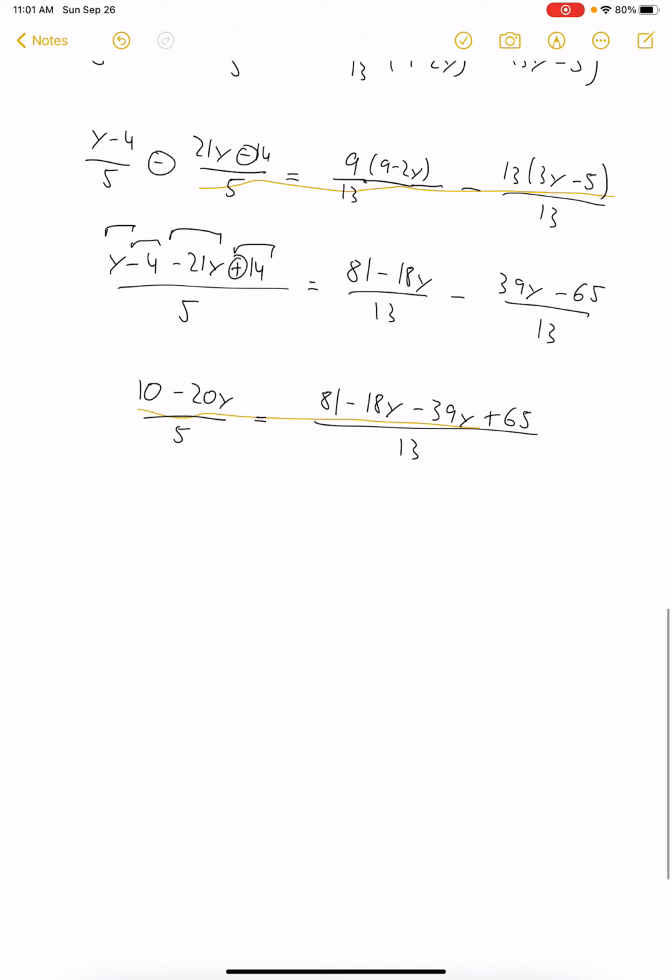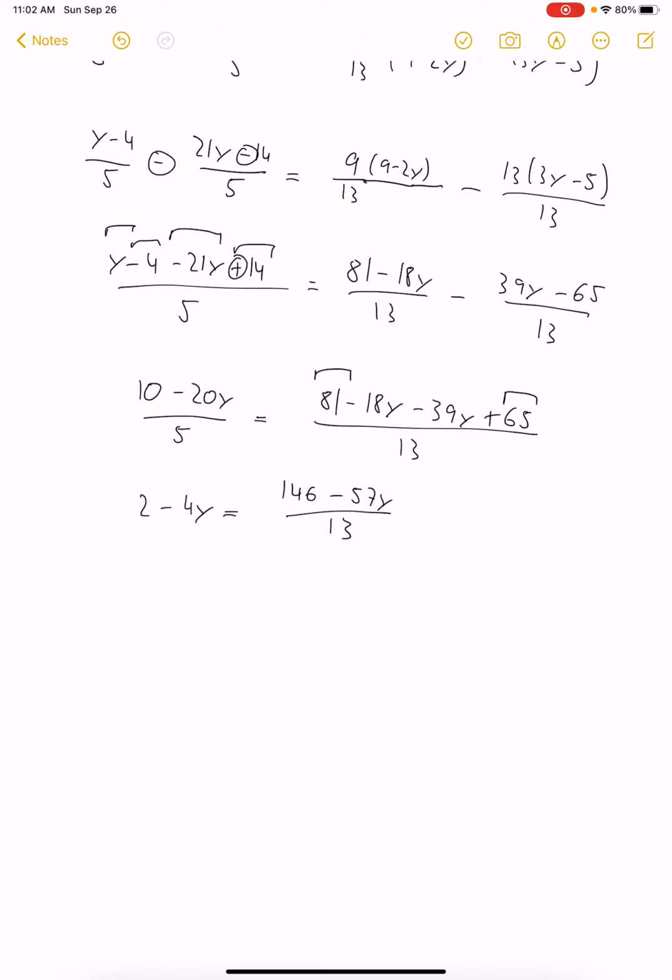We can simplify the left-hand side because both 10 and 20 are divisible by 5, which means we get 2 minus 4y is equal to, now 81 plus 65 is 146. And then we have 18 plus 39 is 57, so it's minus 57y divided by 13.